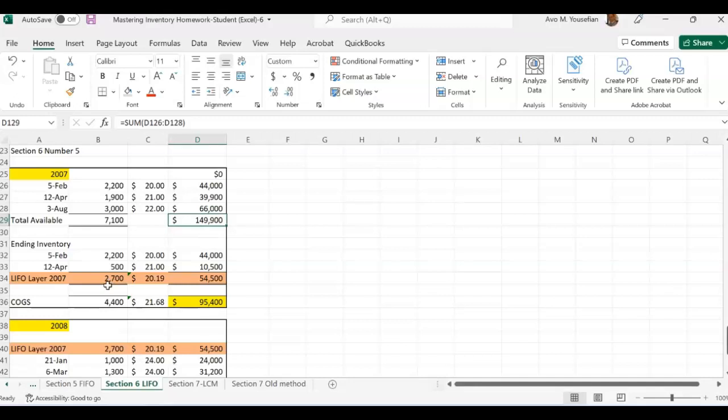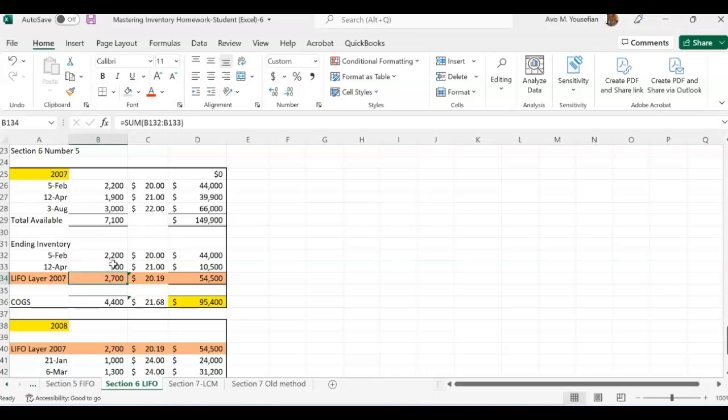Normally, you know that by doing physical count, okay? You have to do the physical count. And the problem has to give you that 2,700 units left. But it's not giving you that. It's trying to give you a hard time. So it's saying, hey, I'm not going to give you that, but I'm going to tell you that we sold 4,400 units. Okay, so guess what? If we sold 4,400 units, that means 2,700 units is left. That's what it meant.